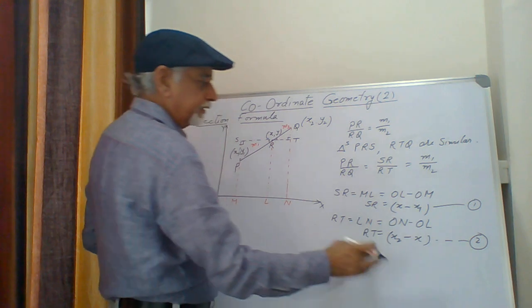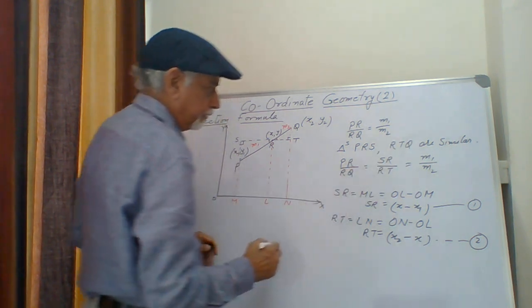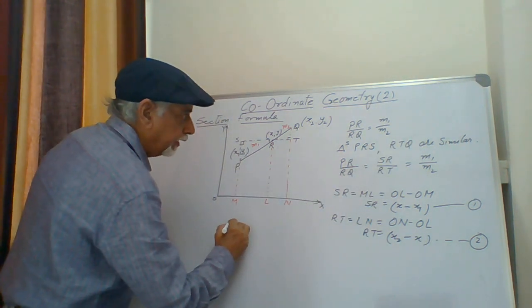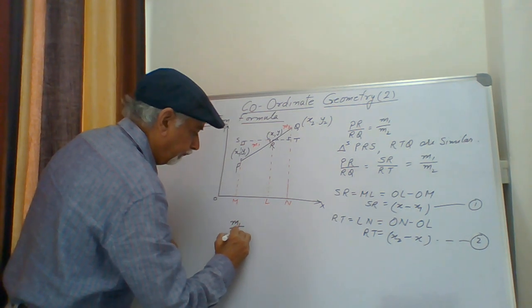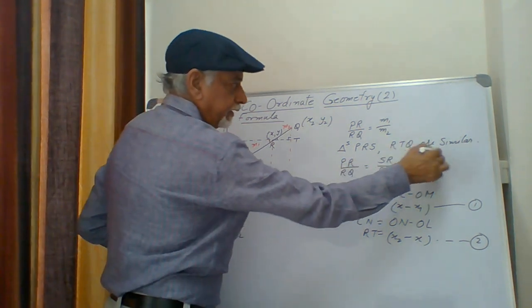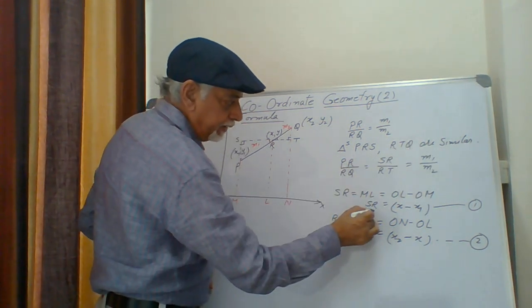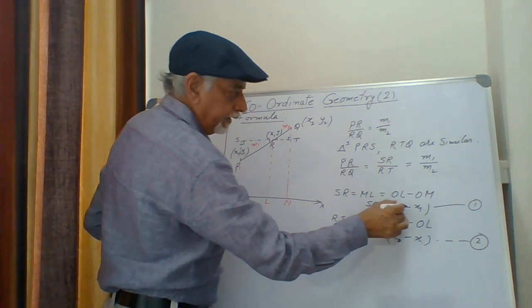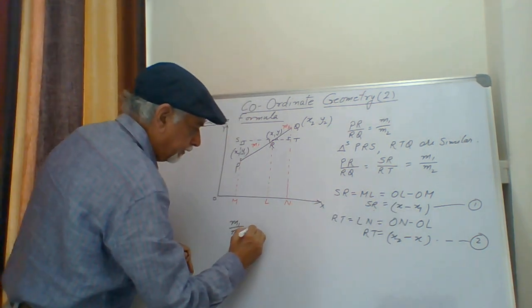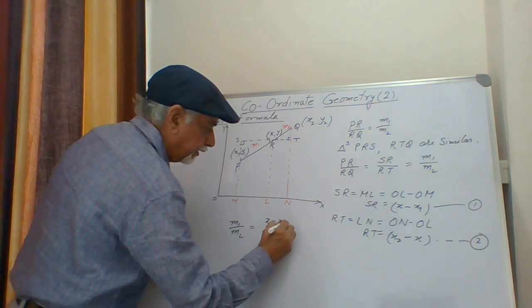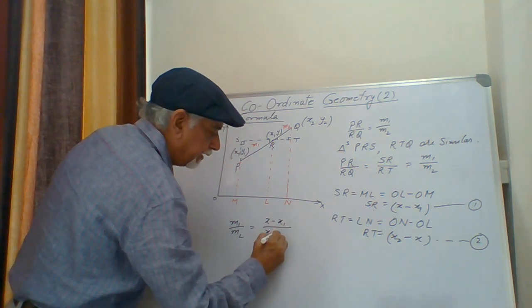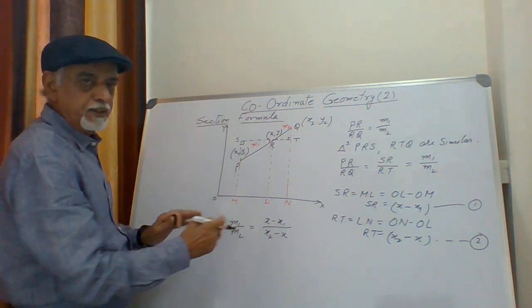Now putting these two result values in this, what I get is M1 by M2 is equal to SR by RT, and here is the SR, here is the RT. So I can write this as x minus x1 over x2 minus x. Now apply cross multiplication.